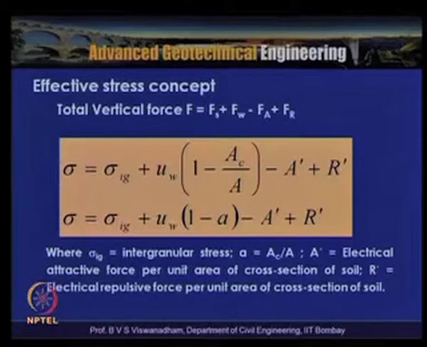So here sigma we can write, by dividing by A, as sigma Ig, which is intergranular, that is Fs by A, plus Uw into (1 minus Ac by A), minus A dash plus R dash.